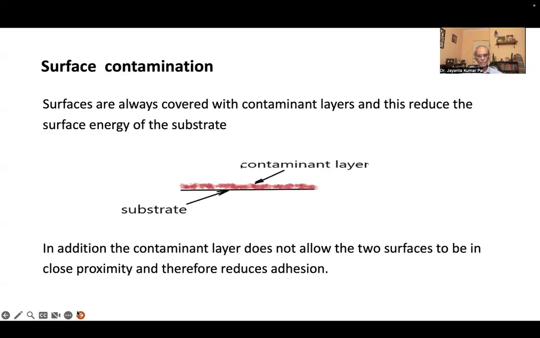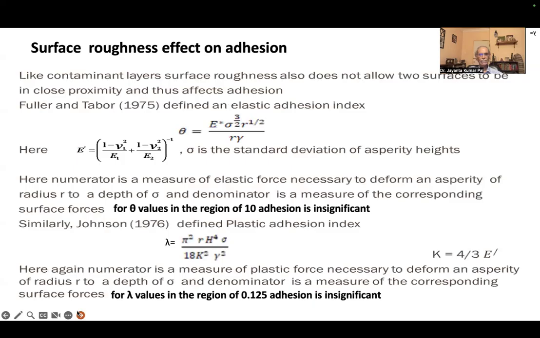There are different kinds of contaminant layer, and we'll not go into the real details of this, but we'll discuss this roughness effect a little bit more in detail.